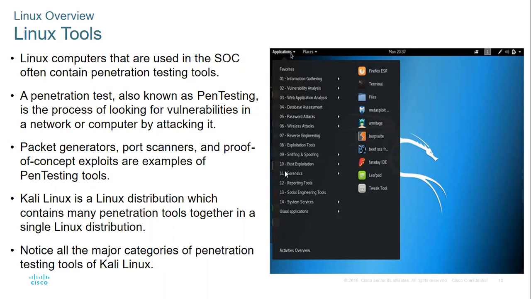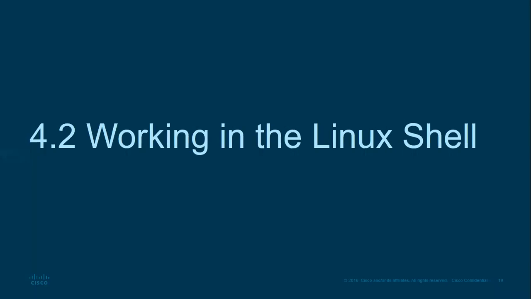So you can see that Kali Linux has a lot of tools which you can use for pen testing, that is, for hacking your organization to find out the weaknesses. Once you have found out the weaknesses, then you can advise your organization what to do. That is very, very important.